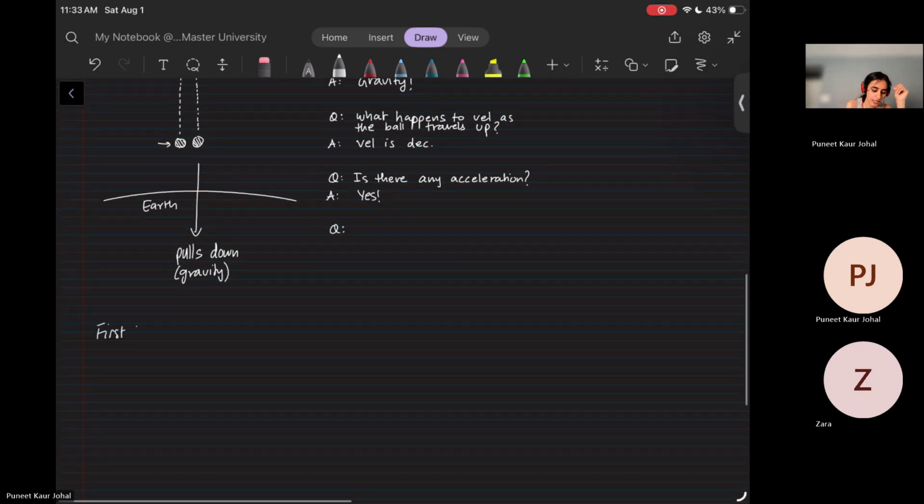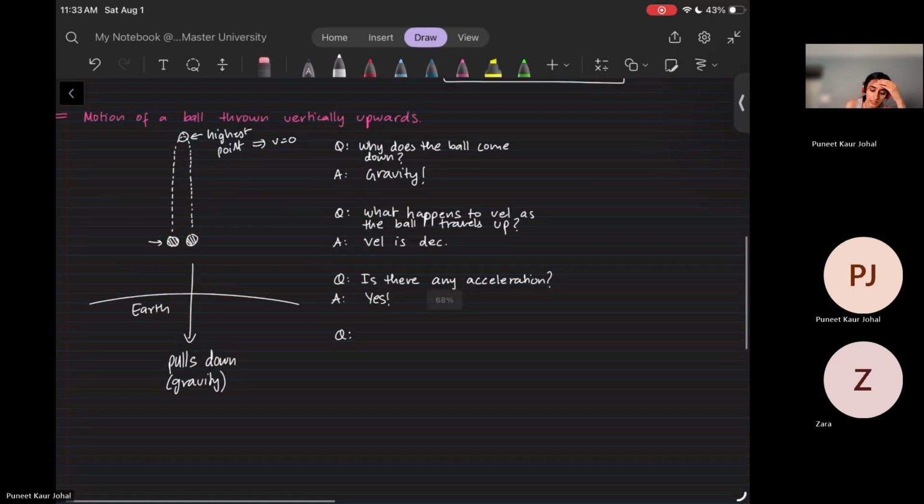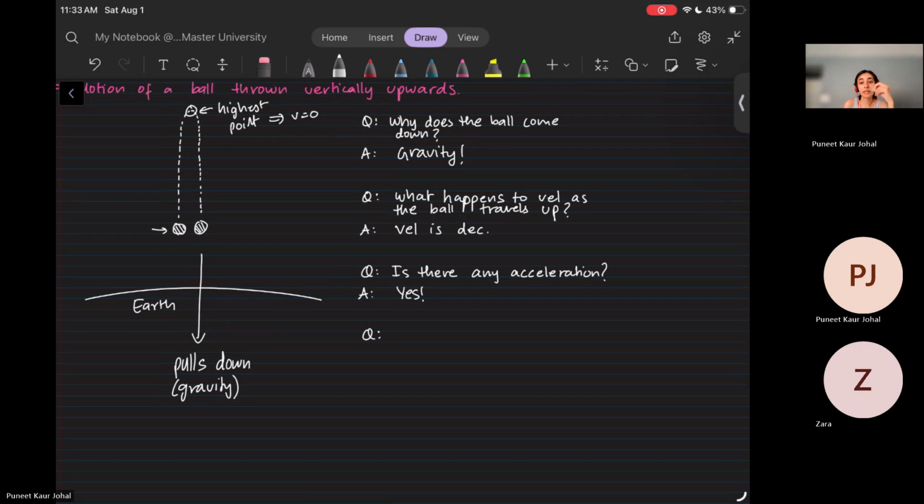Newton's first law of motion says an object at rest will continue to be at rest, and an object in motion will continue to be in motion unless there is an external force that disrupts that state of motion. We will do this in chapter 2, actually, with dynamics. But essentially, the fact that velocity is slowing down, like you said, is because gravity is providing that acceleration.